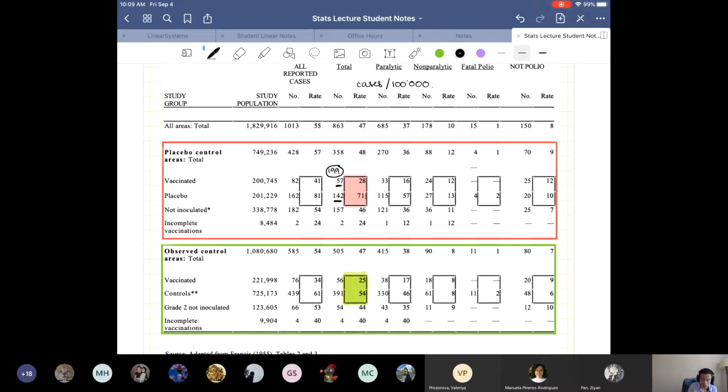Maybe it just happened that these 199 children were going to get the virus regardless, right? Whether they got the vaccine or didn't get the vaccine. And therefore, the vaccine didn't have anything to do with the fact that this number was small. Isn't it possible that just by luck, the children that ended up getting the disease were divided into 57 in the first group and 142 in the second group?